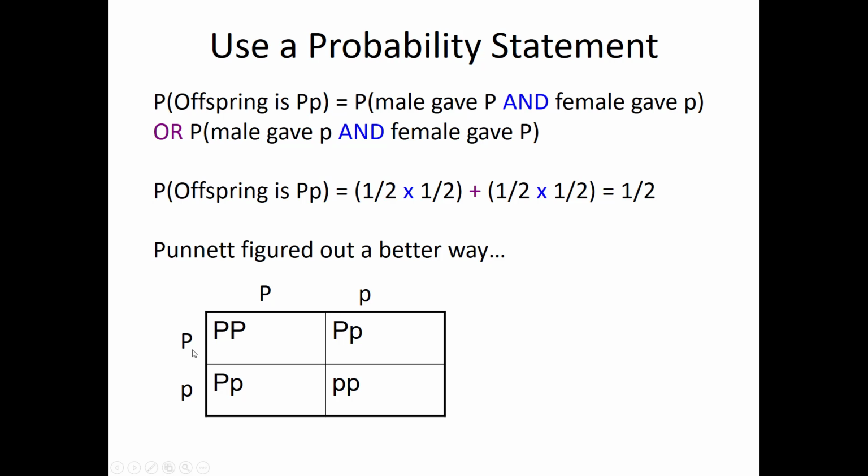Here, big P, little p is transmitted, and say this side here is male and this side is female. So you can see that out of the 4 possible genotypes that occur, only 2 are heterozygous, and so that's 2 out of 4, or 1/2.